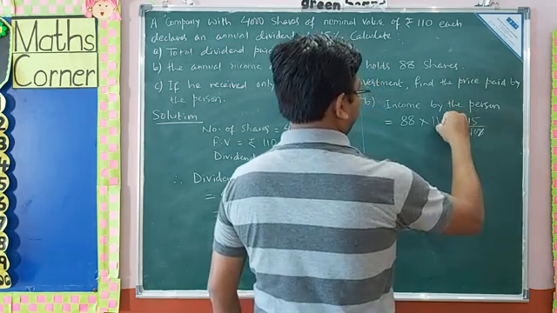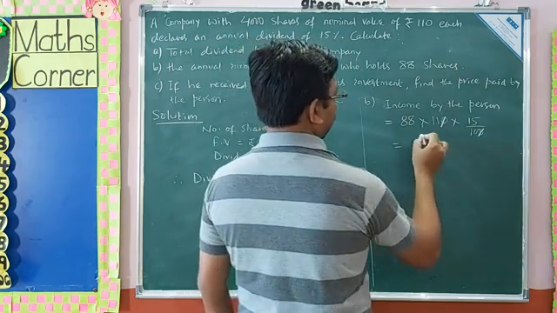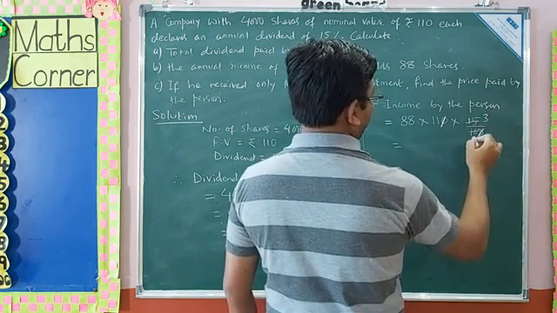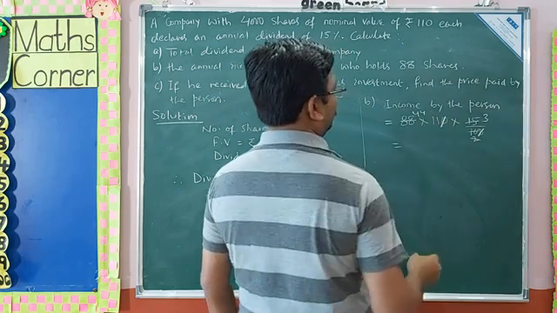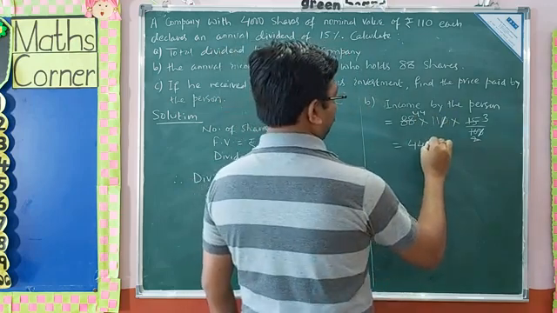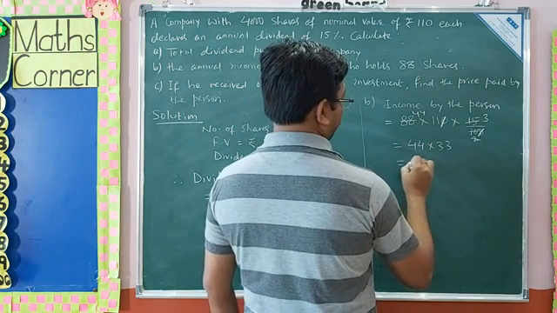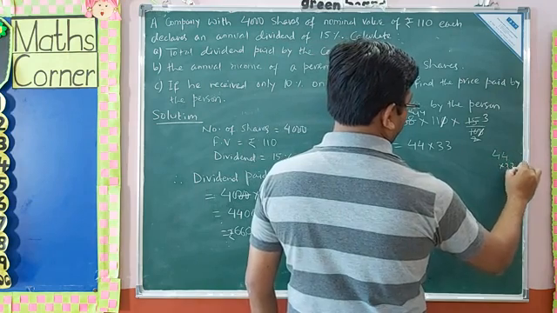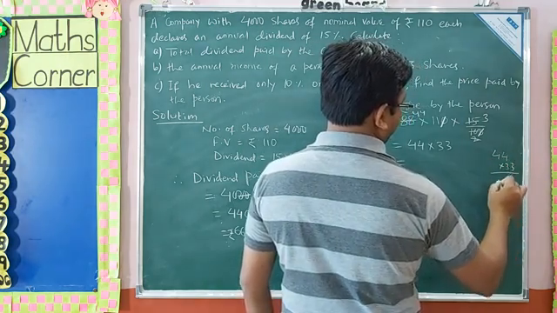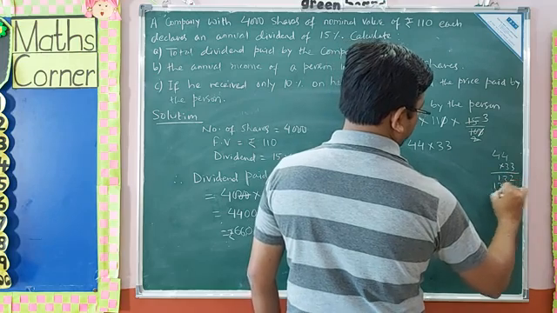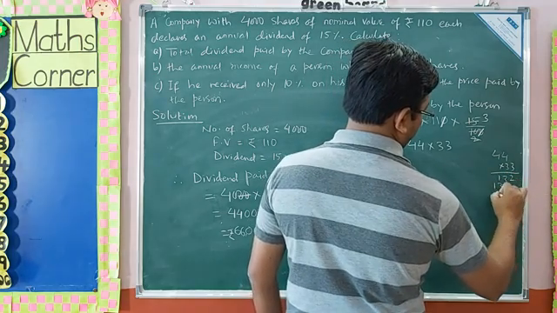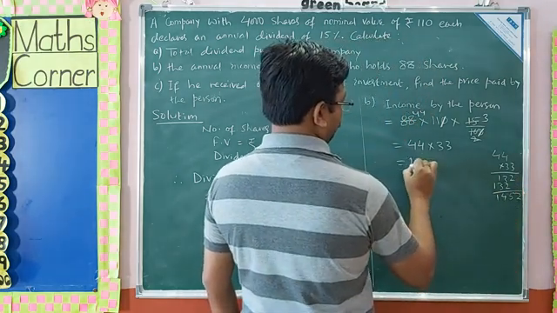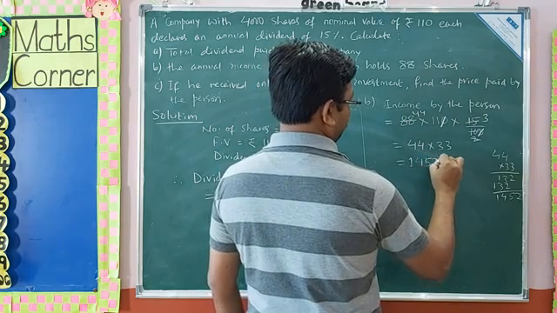So it is cancelled. Now 5 2s are 10, 5 3s are 15, and 244. So how much are we getting? 44 into 33. So this is going to be, so we are getting 1452.